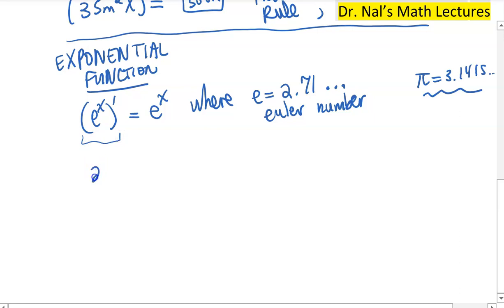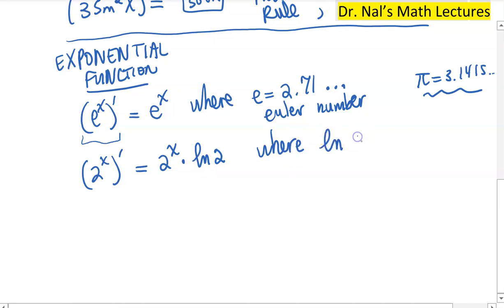All right, how about 2 to the power x? What's the derivative of that? It turns out the derivative of that is 2 to the x times ln 2. All right, so this is something that you guys can memorize if you want to, where ln is the natural logarithm.